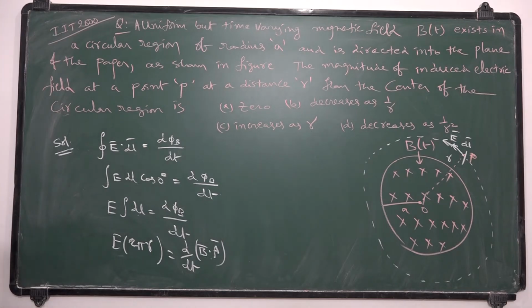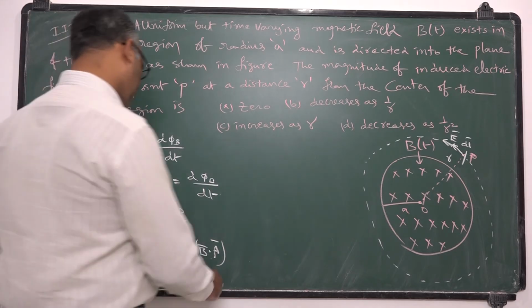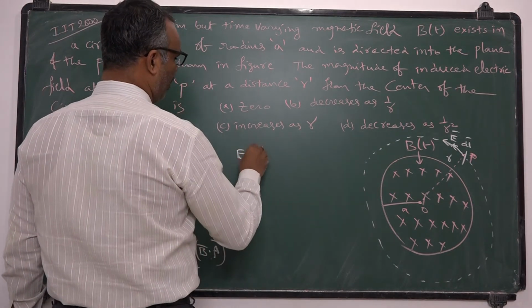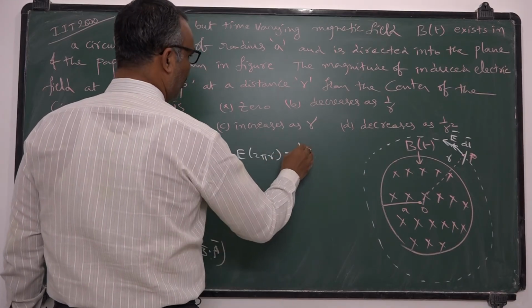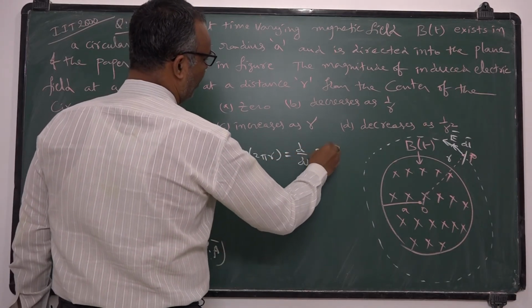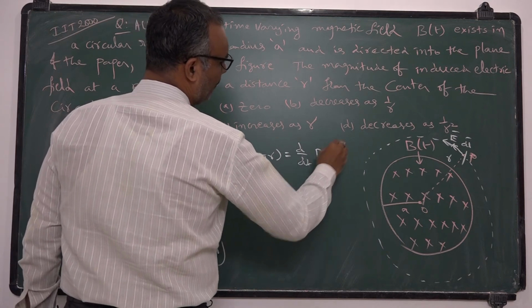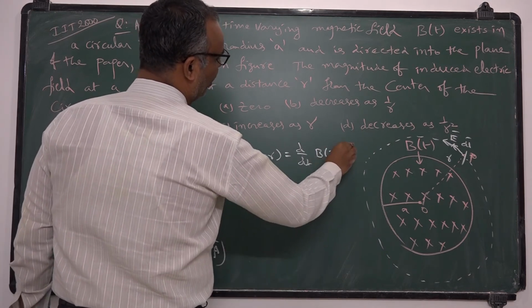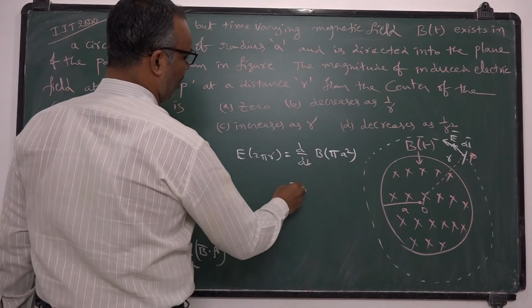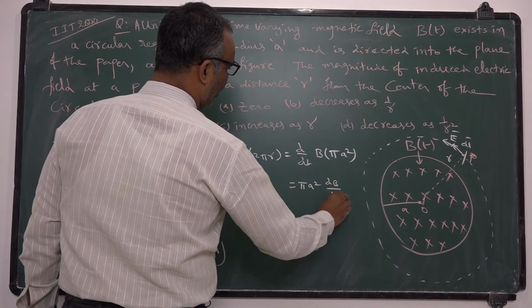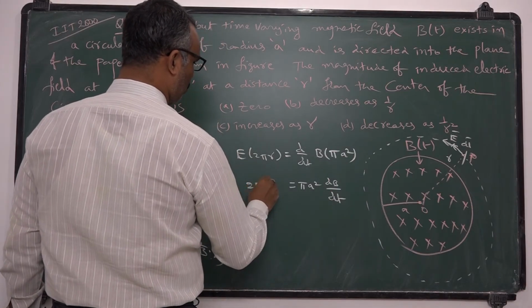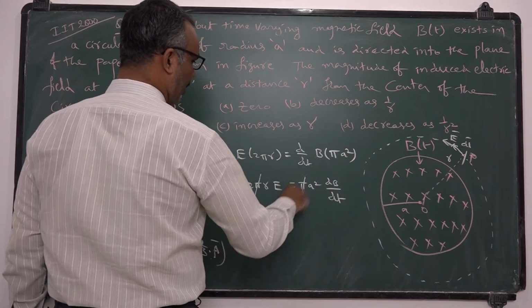So again B bar and A bar are parallel to one another, so cos 0 is 1. E into 2 pi r is equal to d by dt of B A, where the magnetic field is located in the area pi a square. Here pi a square is constant, so dB by dt is equal to 2 pi r E. Pi gets cancelled.